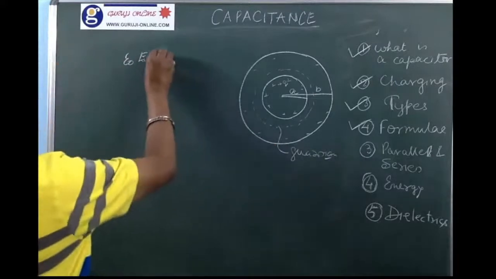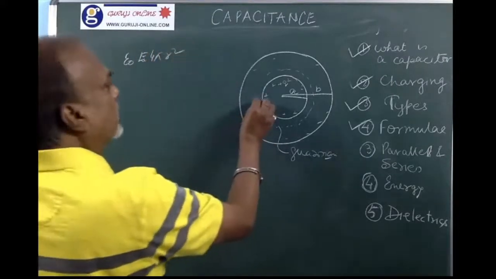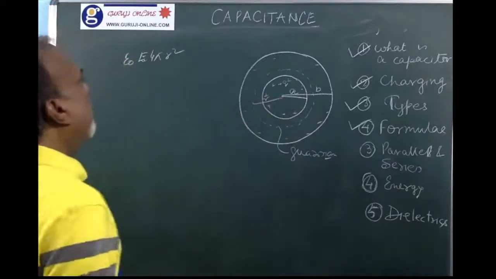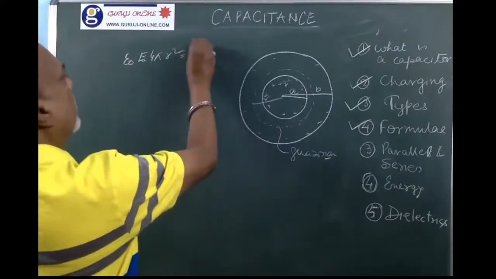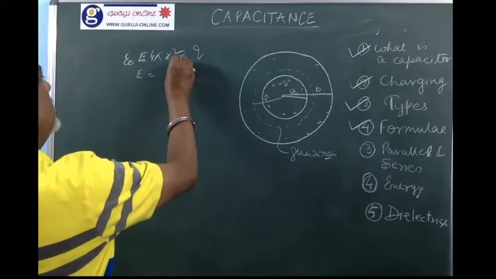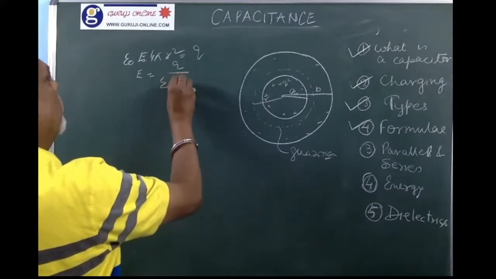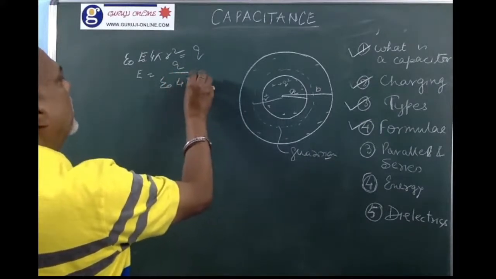So it will be 4 pi r square, because this is r. Nothing but Q, or E will be Q upon epsilon 0 4 pi r square.